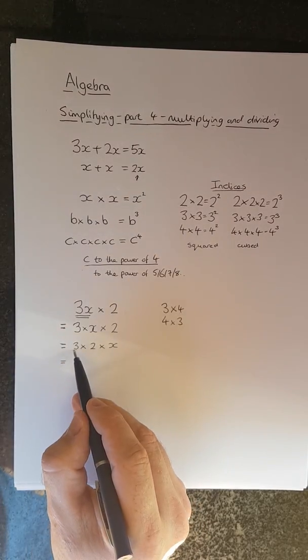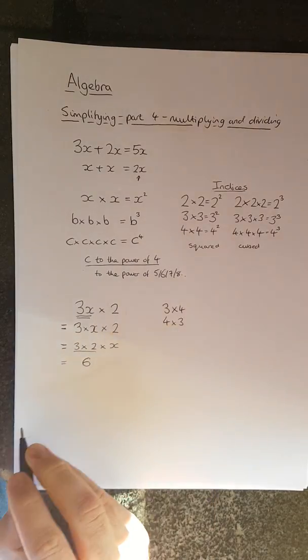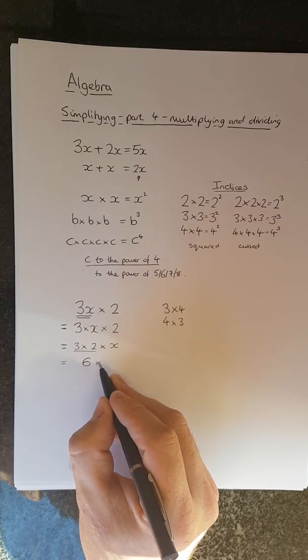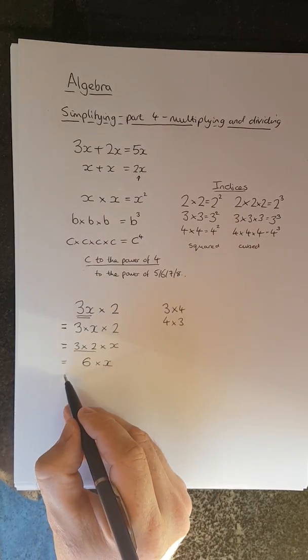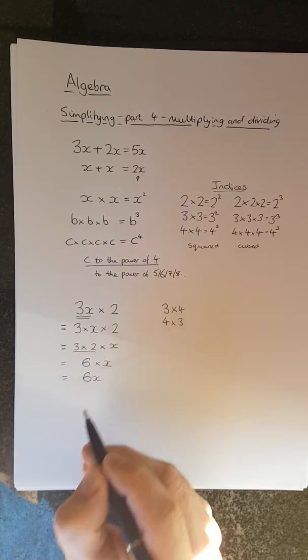Aha. There's a sum I can work out. I want to write times x here, but I know that I can't leave the multiplication symbol in my answer. So it becomes 6x.